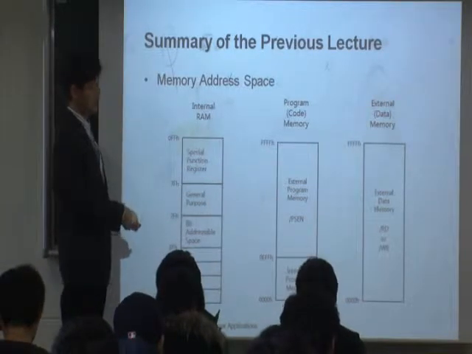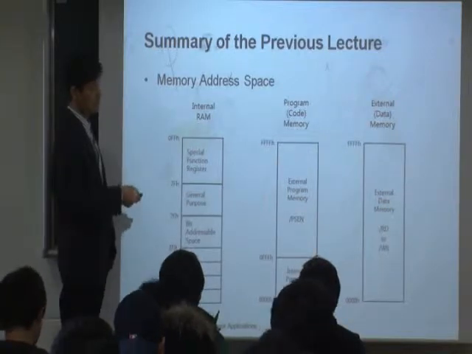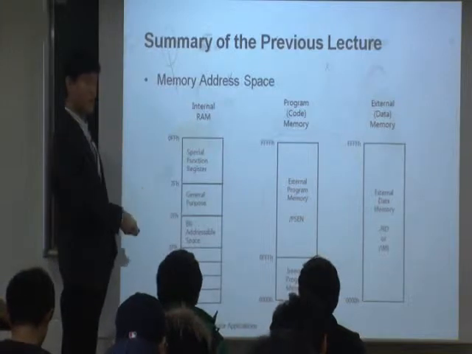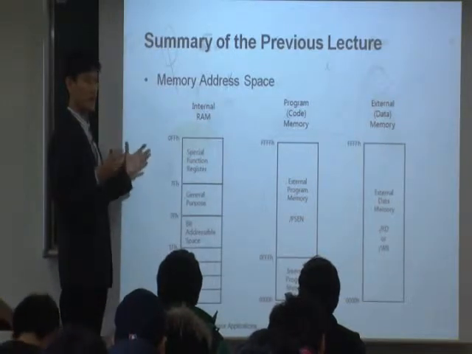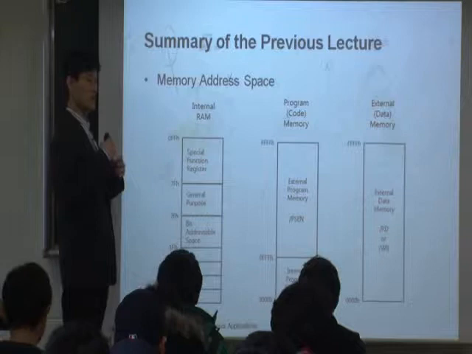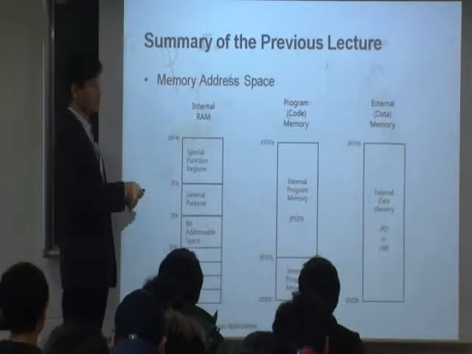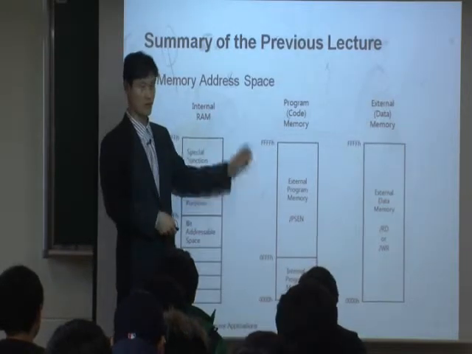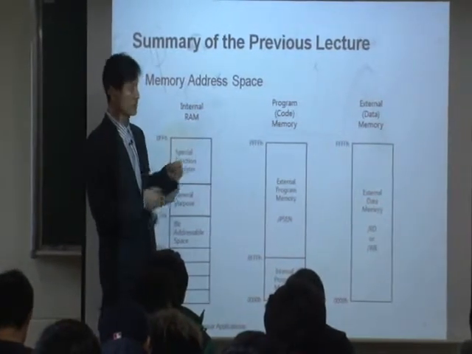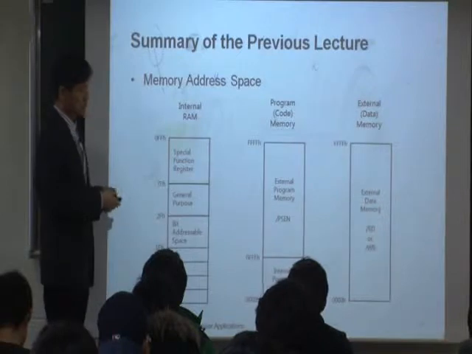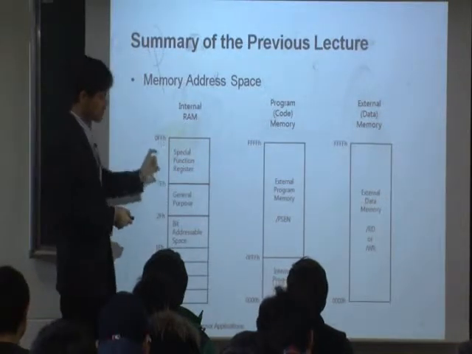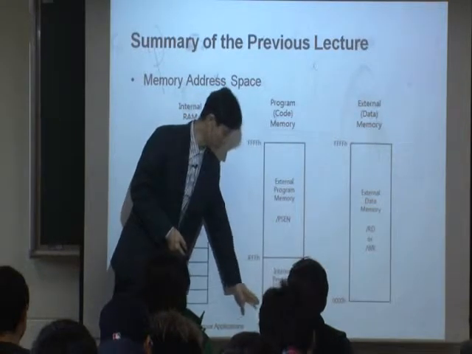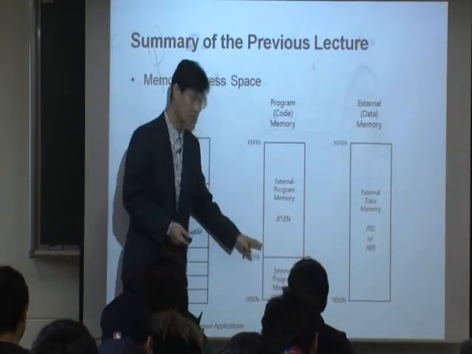Out of this 64K, you can use maybe 4K if you like. This is the address available for you. So if you can, you can buy a 64K memory and put that in here and use all of it. Or you can buy only a 4K memory and use only from the base address to the 4K address.